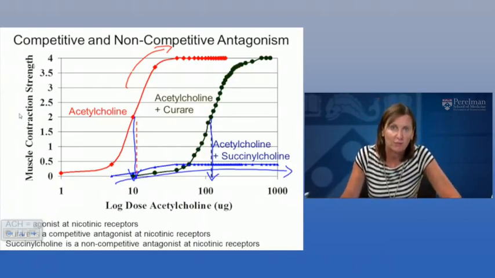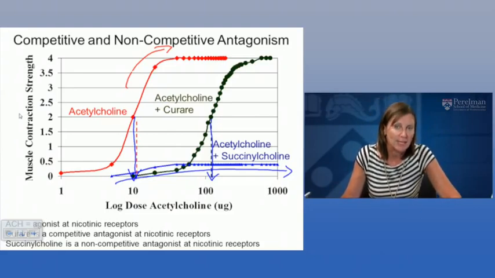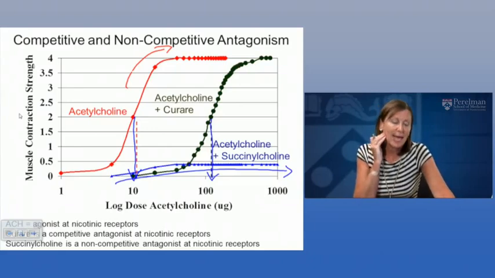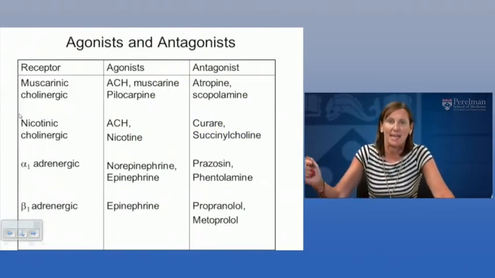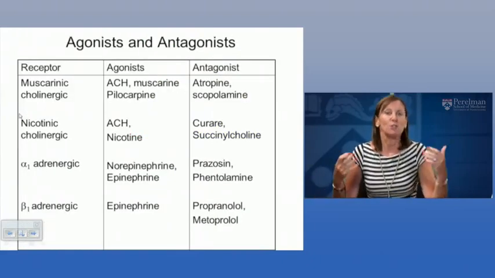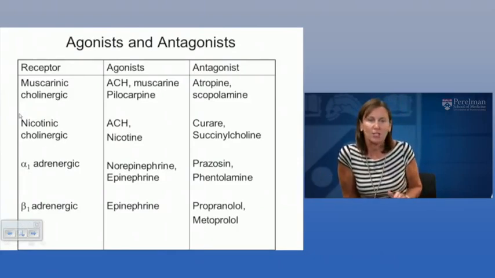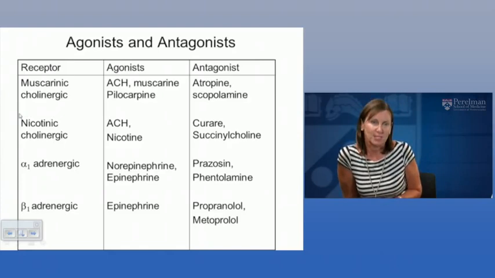So this graph is in place to try and emphasize the difference between competitive and non-competitive antagonism. And I just wanted to give you some examples that you may be familiar with. Don't worry if you're not. It's purely just for depiction purposes.